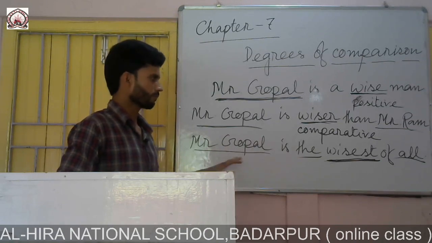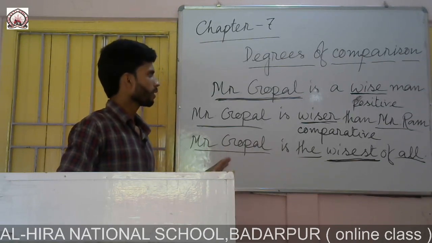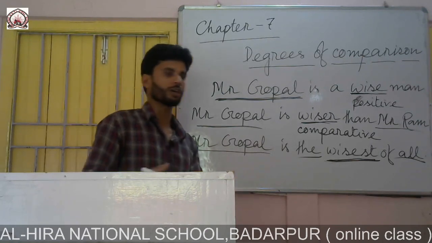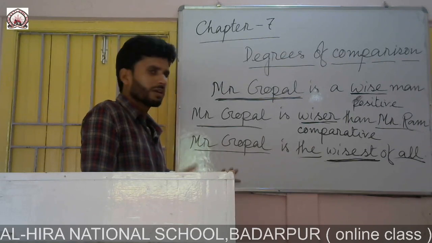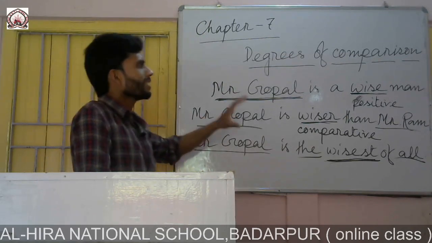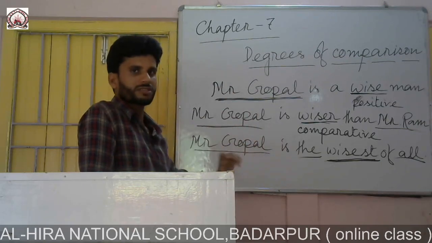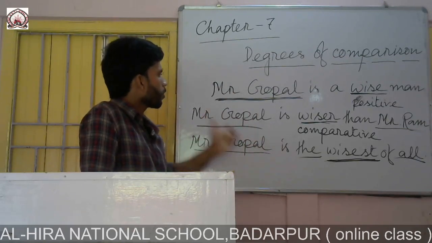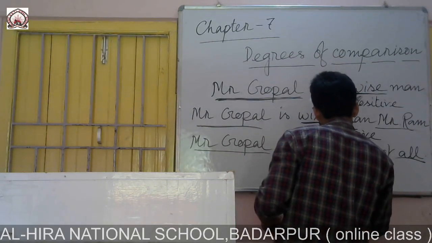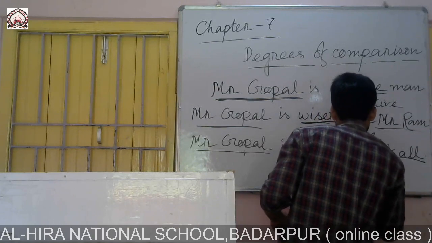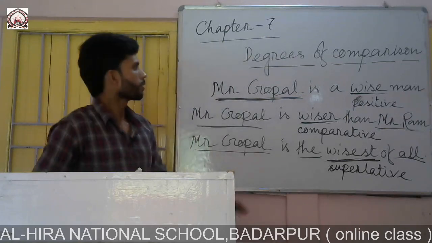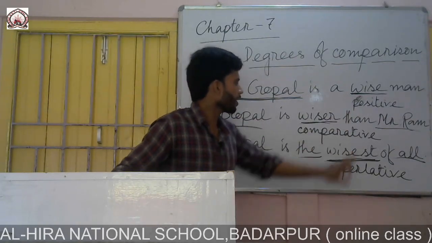So, this chapter is not yet over. I am repeating once again before going to the next portion of my discussion. There are 3 degrees of comparison. An adjective has 3 degrees: positive, comparative and superlative.